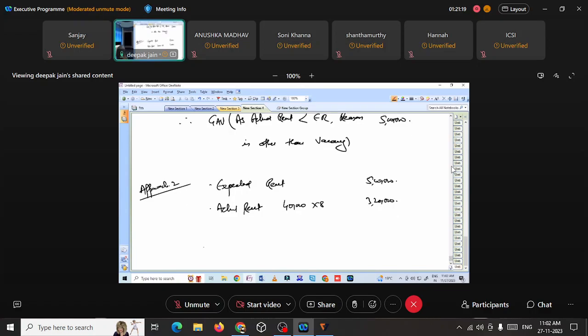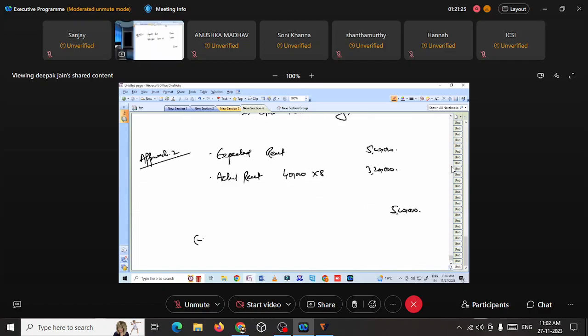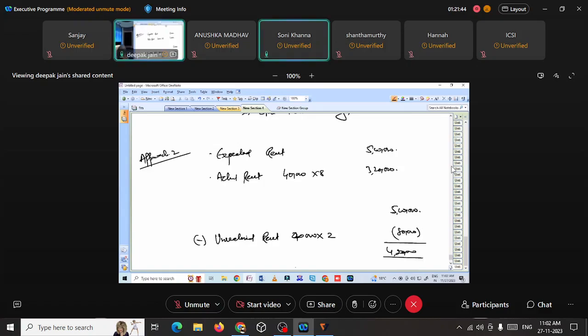So therefore GAV, क्या आती थी बेटा? Expected rent minus unrealized rent. How much? 2 months. 420 is the GAV.